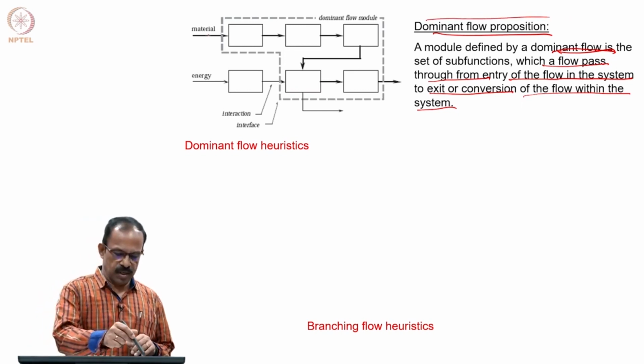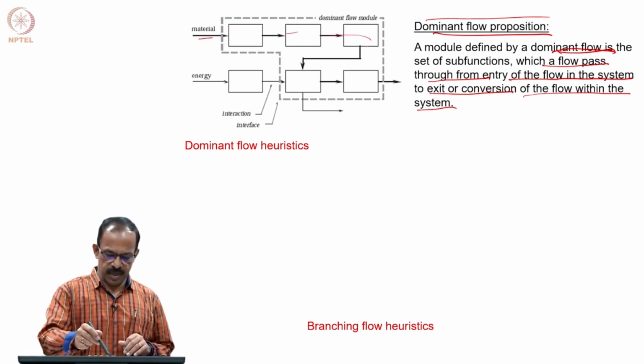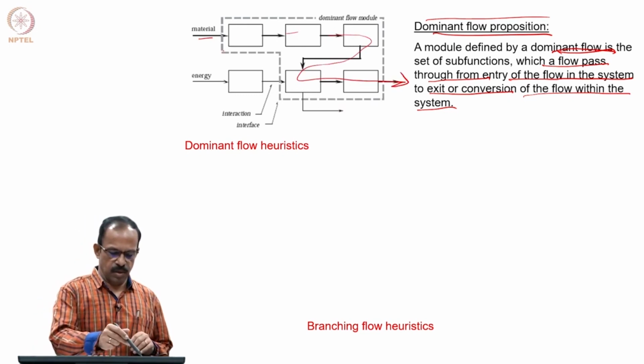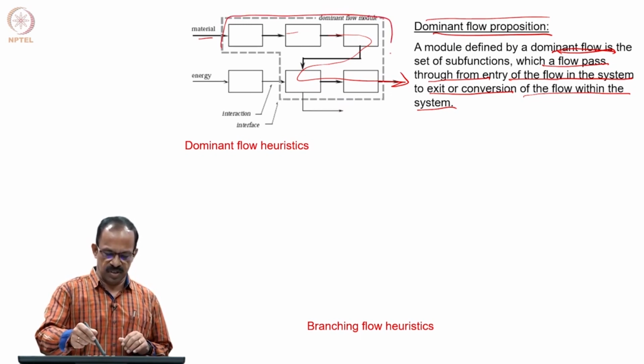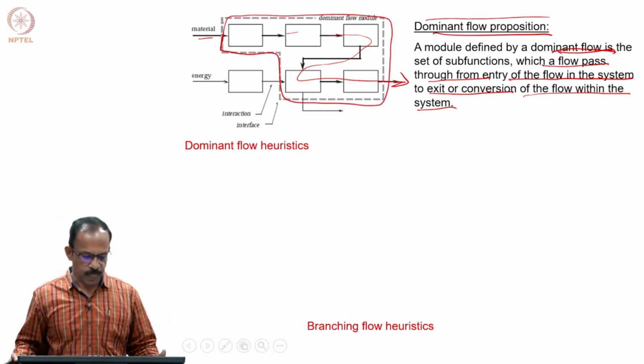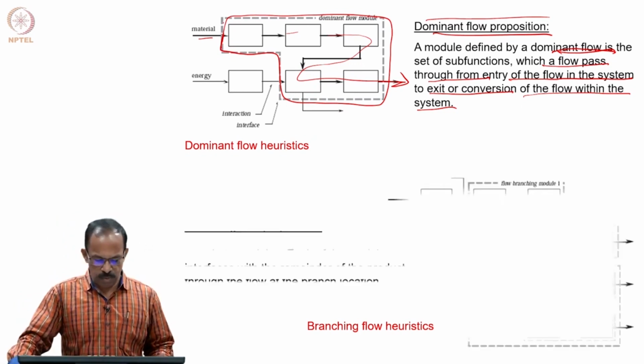Okay. So, all the material is coming here and the material is going out, then we consider all these functions as part of the dominant flow module. That is the dominant flow proposition.